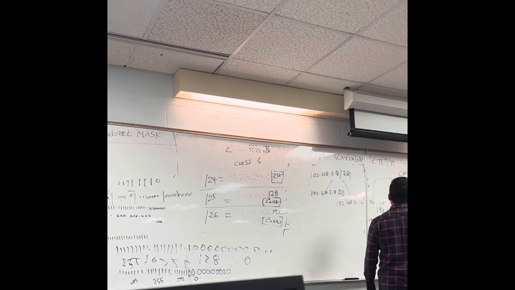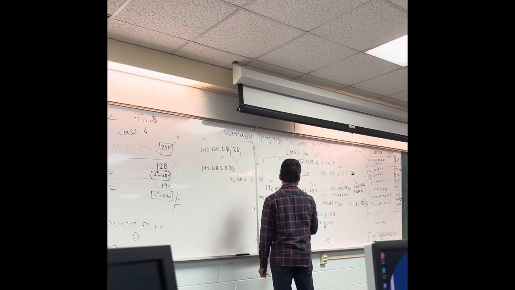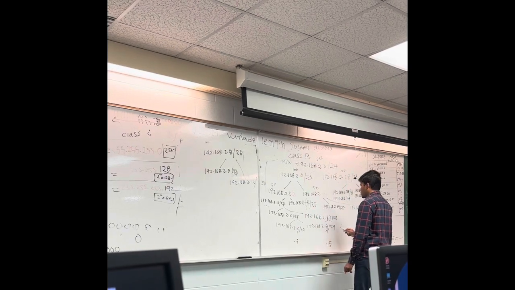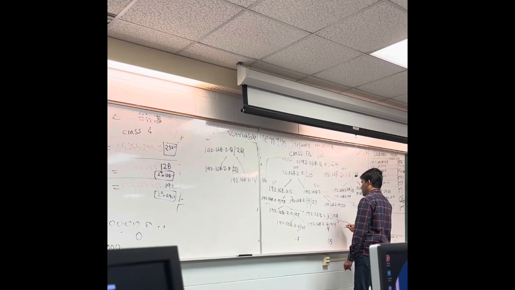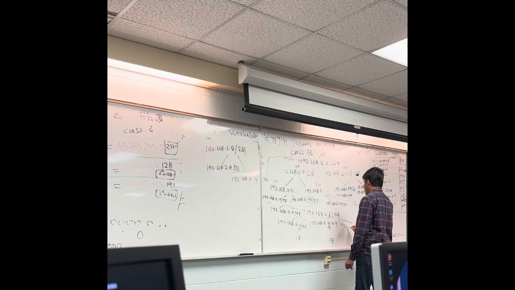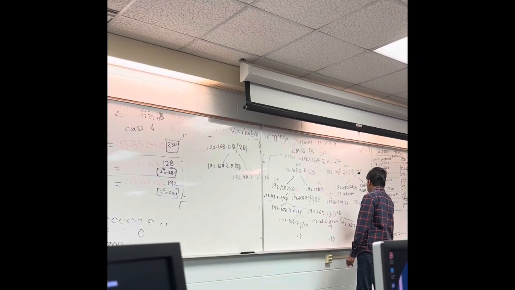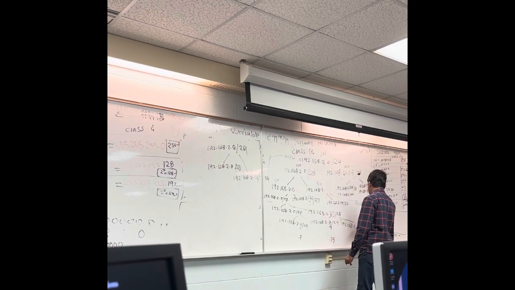So 2 power 5 is 32. So where are we doing wrong? So what happens is this guy starts at 192.168.2.15. My bad. Not 15, 16.